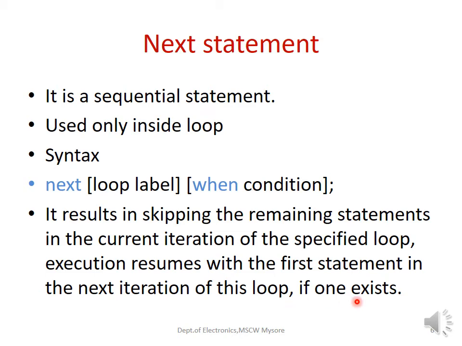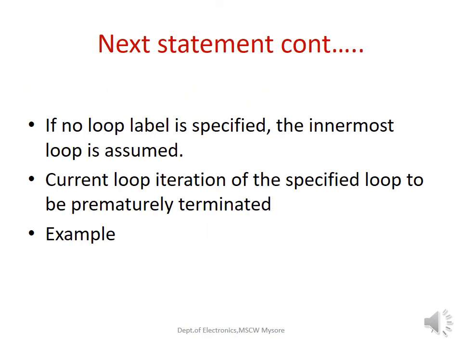If it exists, what does that mean? The current iteration stops and it begins the new iteration from the beginning. That is nothing but the next statement. Here I want to give you one example. Just think that I am taking the class for the loop statement that all of you have studied.